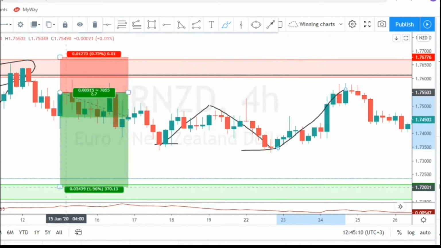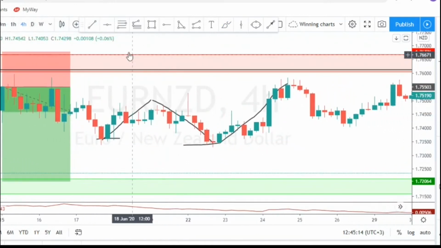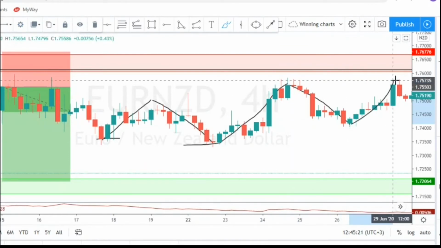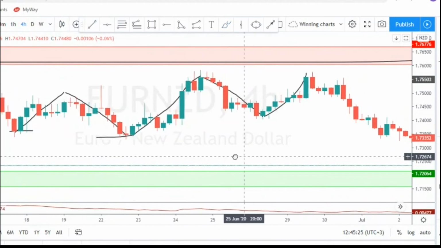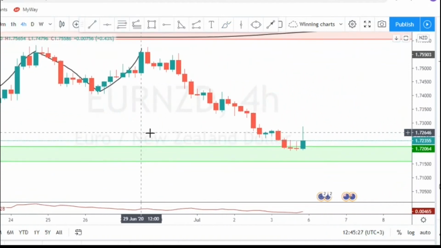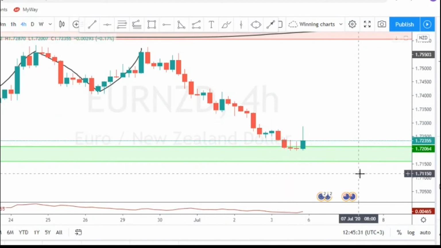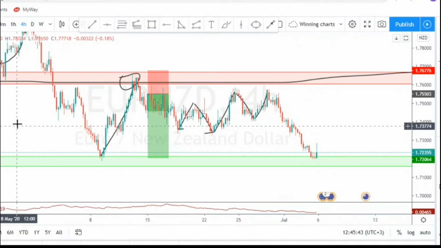But as I have believed in my strategy, I kept being patient. The market came down here again, went up, and until my position was filled, at this point here. So this is exactly how I took this trade.